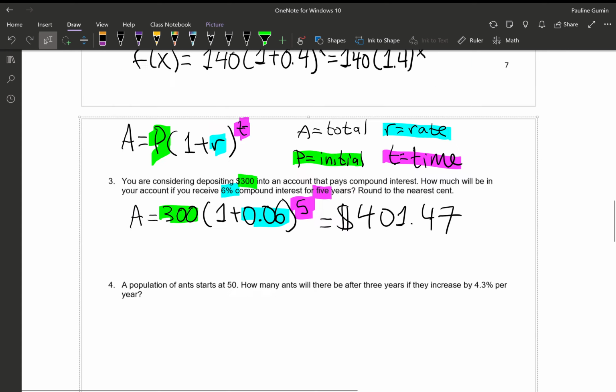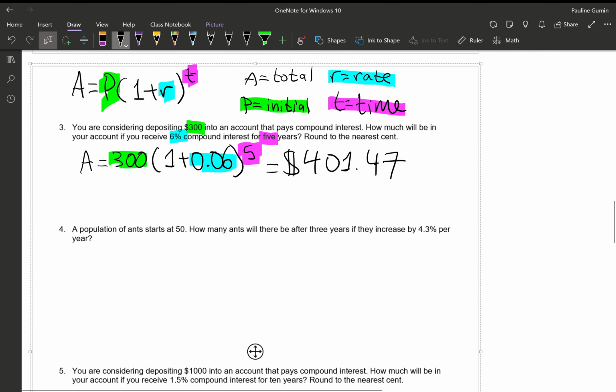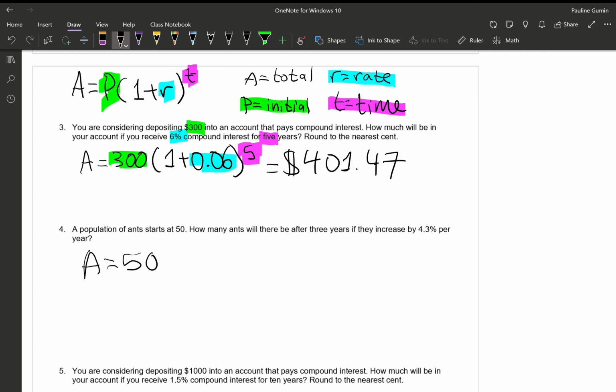All right, number 4, a population of ants starts with 50. All right, so we start with 50. How many ants will there be after 3 years if we increase by 4.3%? All right, so our rate as a decimal is 0.043, and we're going for 3 years.